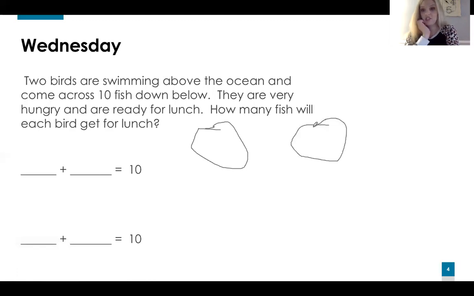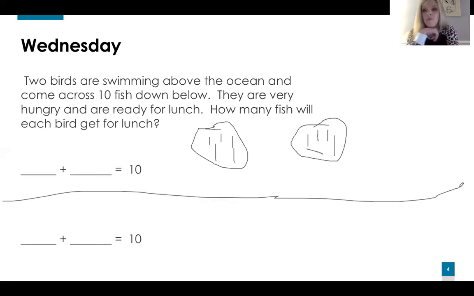Here's my second fish. I'm sorry, birds. Those are my first bird and my second bird. There's only 10 fish, okay? So I could do 1, 2, 3, 4, 5, 6, 7, 8, 9, 10.